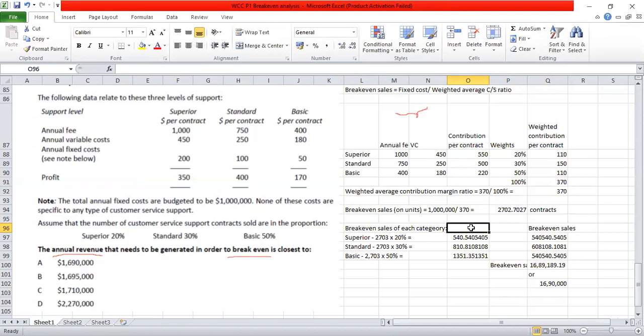So break-even contracts into the annual fee per contract, when we multiply, we got the sum total as this much, and round it off to the nearest thousands, 1,690,000.